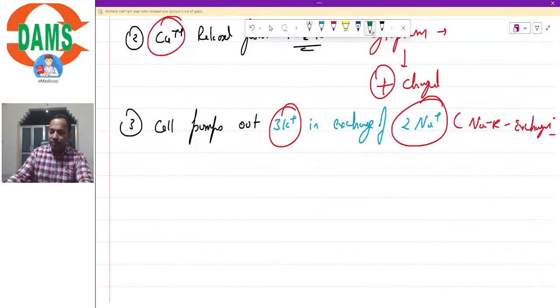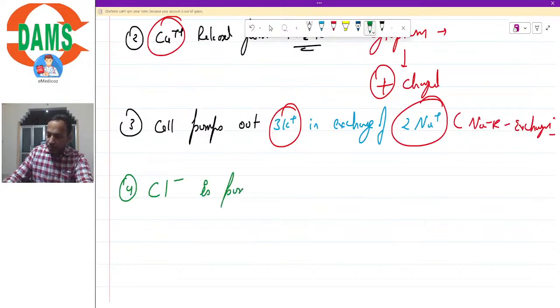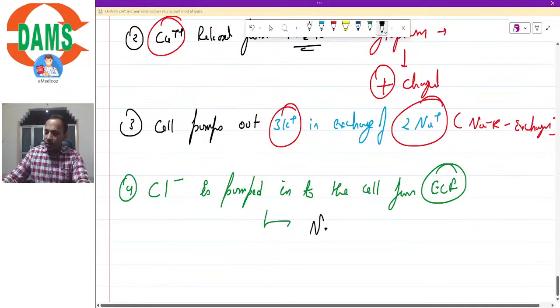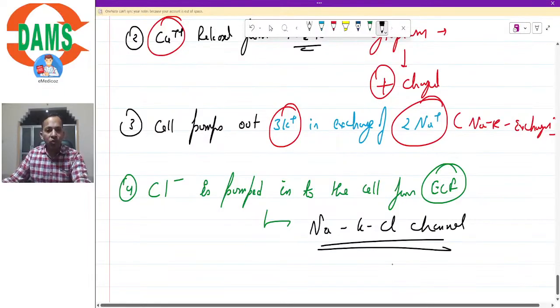Apart from this, chloride is pumped into the cell from the extracellular fluid, just like sodium, isn't it? So this is happening via the sodium potassium chloride channel, right?